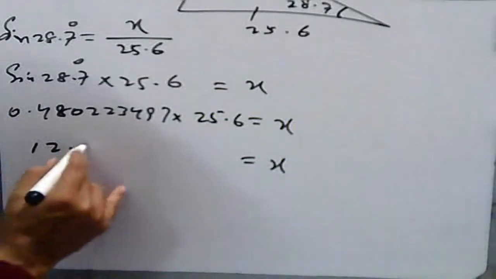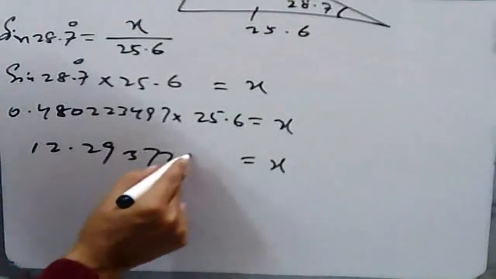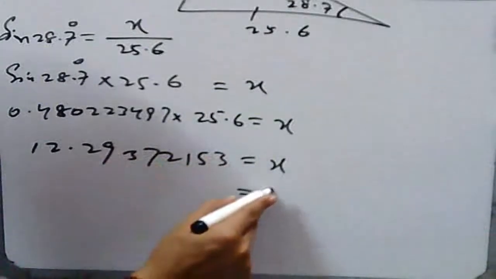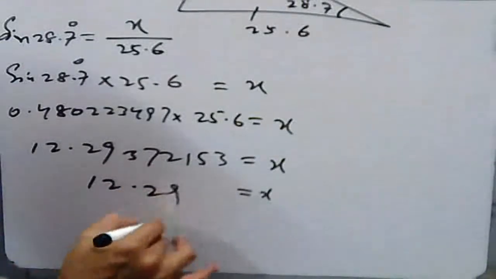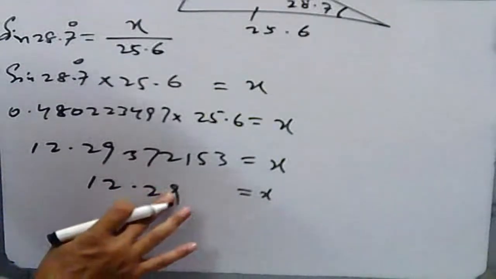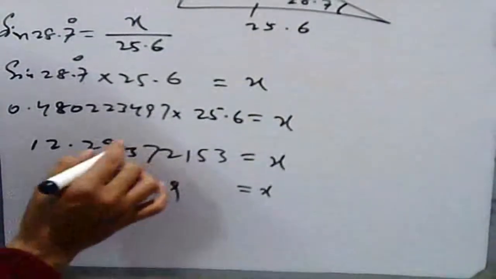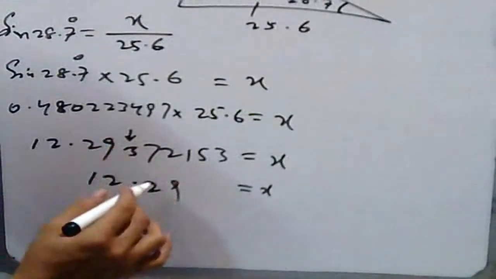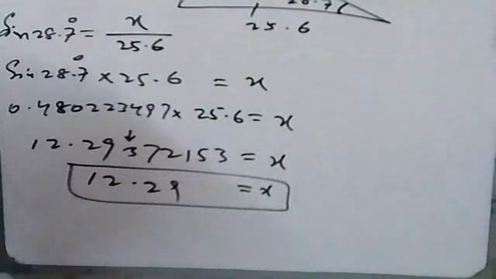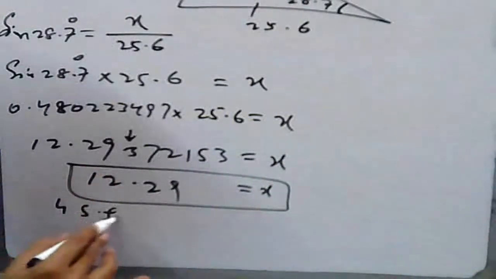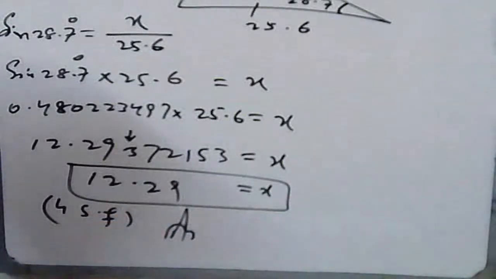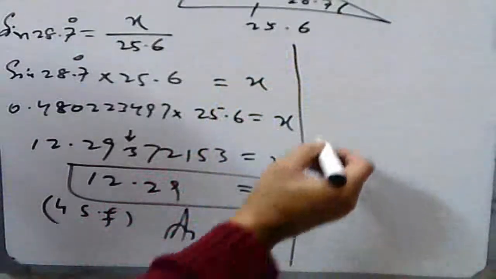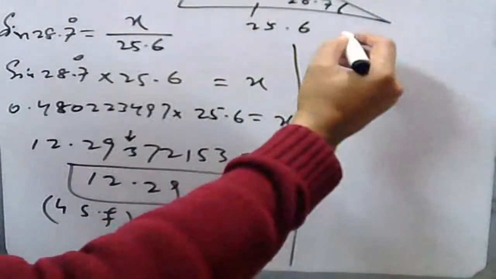After multiplication with the help of a calculator, you will get 12.29372, so the value of x is 12.29, because the next digit is less than 50%, up to 4 SF, that is your required result, the value of x.